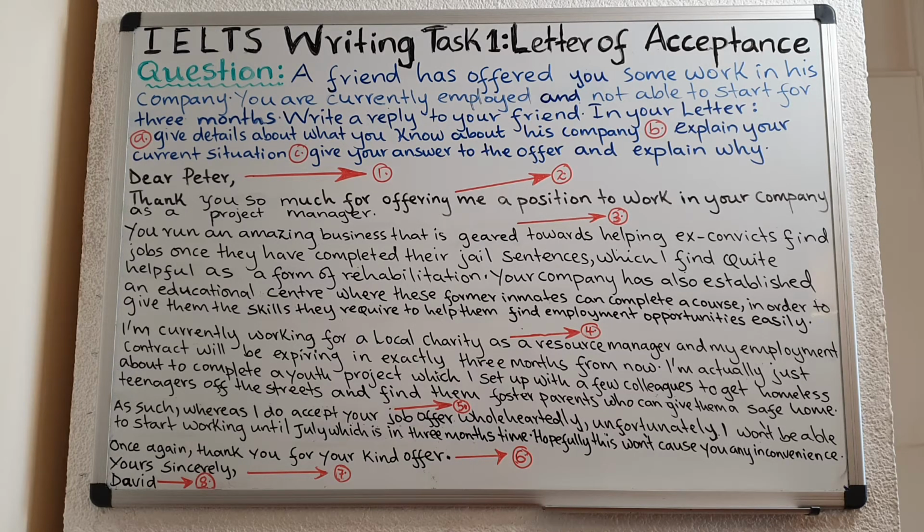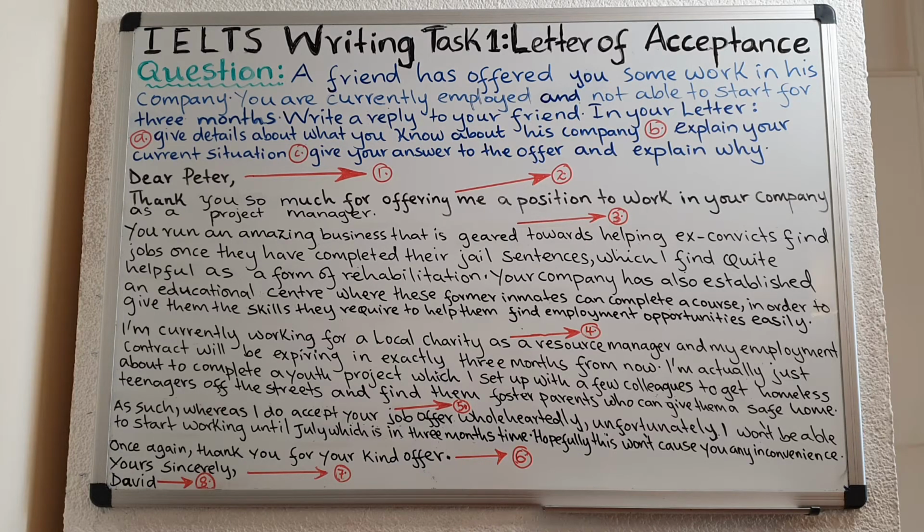The second thing that is important to remember is that you are supposed to write 150 words. You can write more than 150 words, but if you write less than 150 words, your band score is going to be lower.